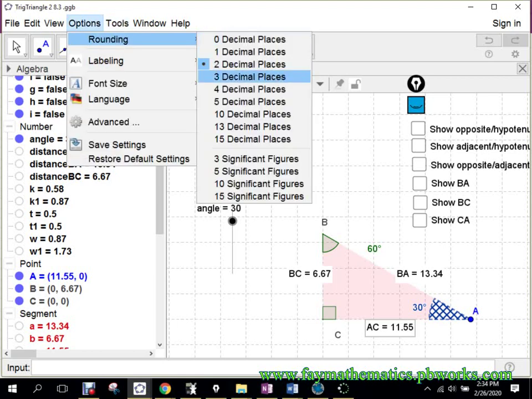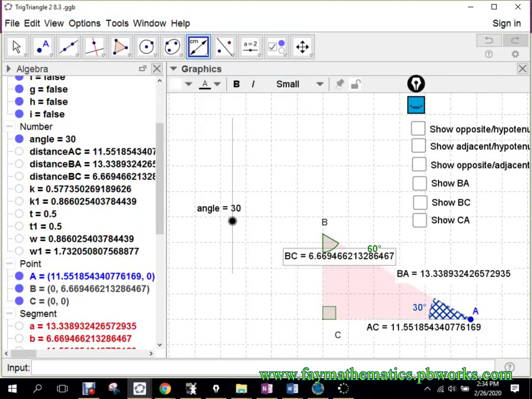It's using the irrational numbers that were generated when we found that distance.